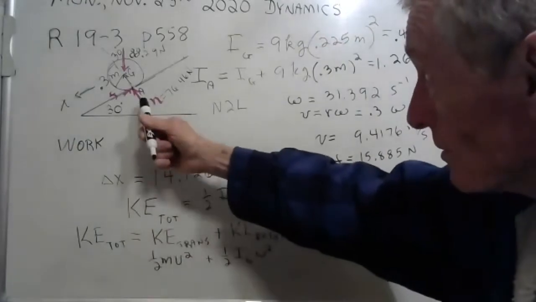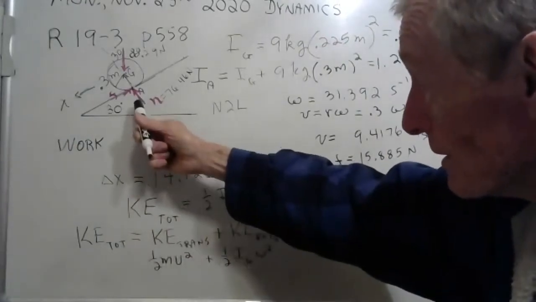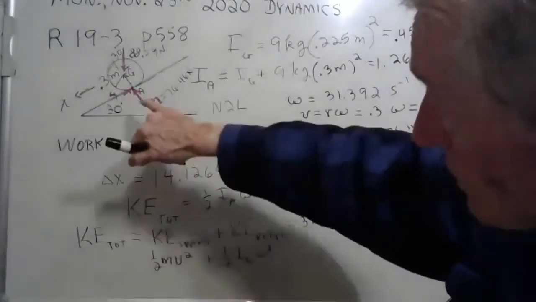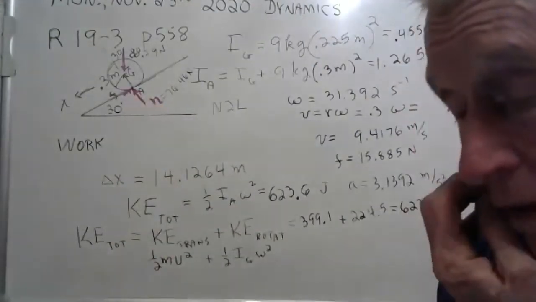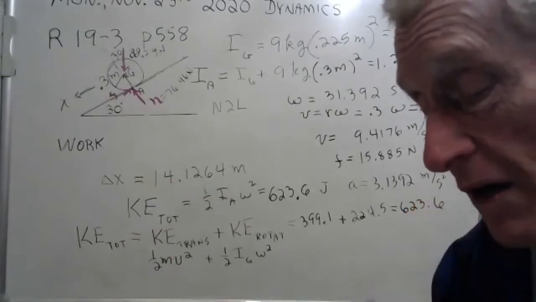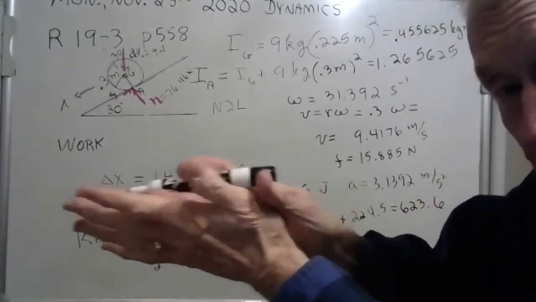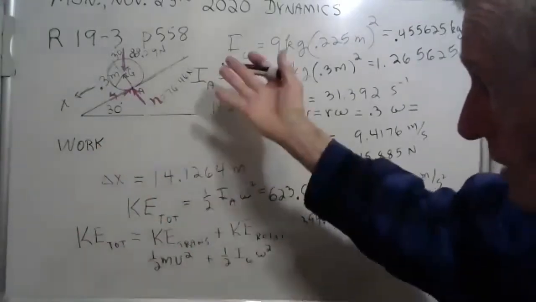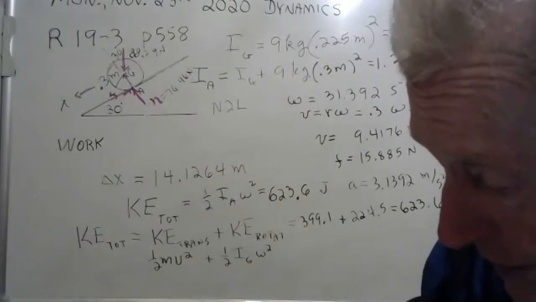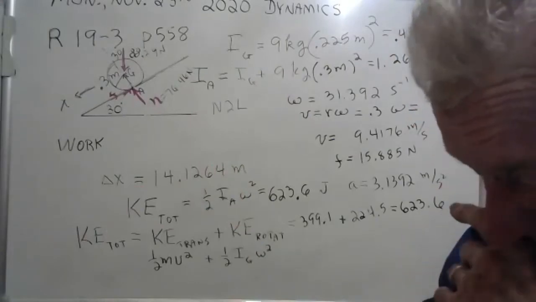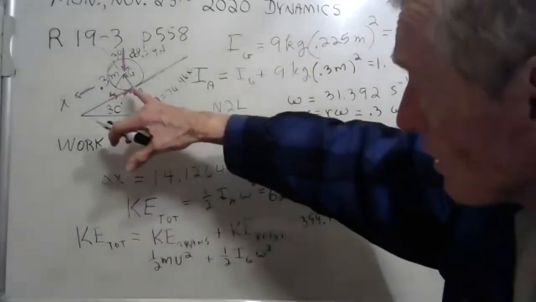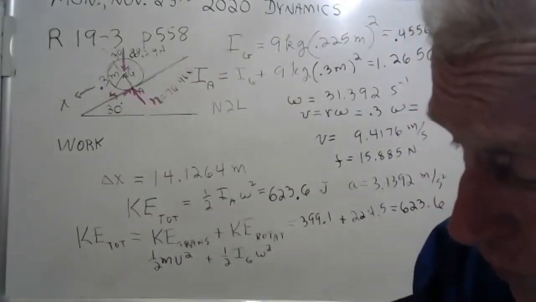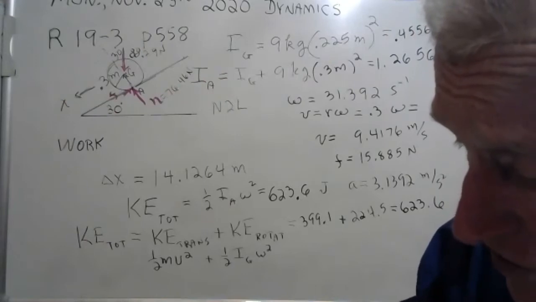Now, you see that normal there? It doesn't do any work. What's really weird is the friction doesn't do any work either. It would if you had relative motion between the wheel and this 30-degree ramp, but there isn't. It's rolling. There is no motion of the wheel relative to the slope, so the friction doesn't do any work.